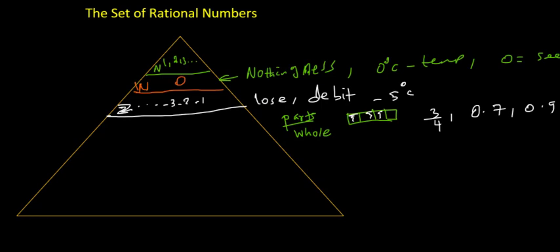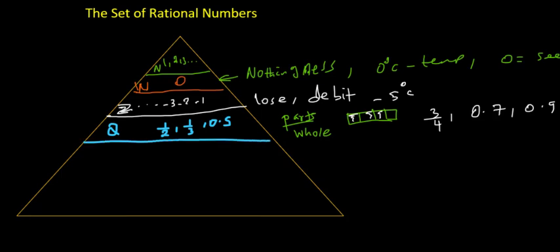Therefore, we have to extend our number system further. That is represented by a half, 1/3, and so on, or decimals like 0.9, by the rational numbers.